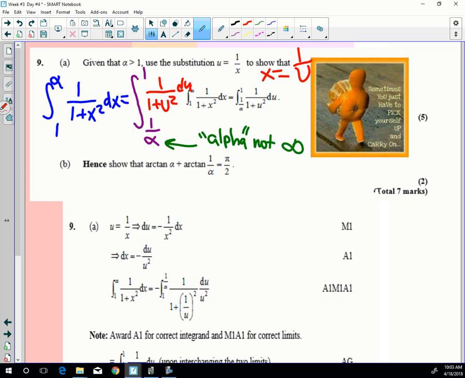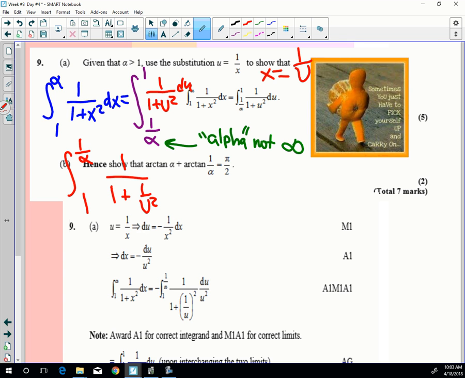So for this one, this x here, that's just going to be 1 over u. So this is going to be alpha, which is going to be 1 over alpha, 1 over 1. This is going to be 1 over 1 plus 1 over u squared.